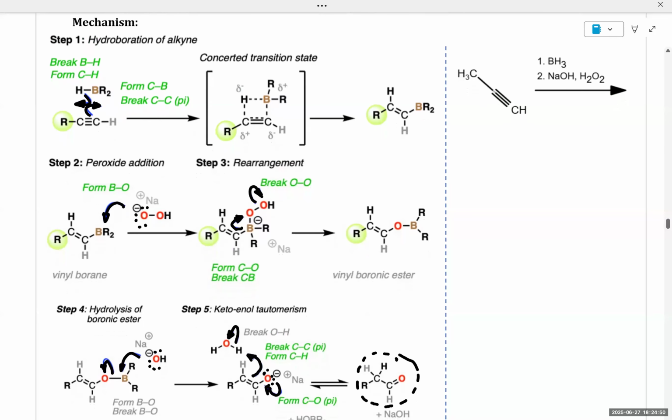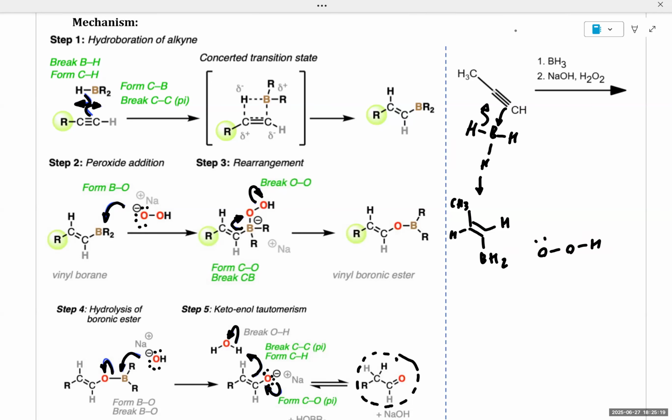Let's practice what we've learned and let's redraw the mechanism once again. So as we discussed, we end up with addition of hydrogen and boron. In hydroboration oxidation, boron gets installed at the least substituted position.